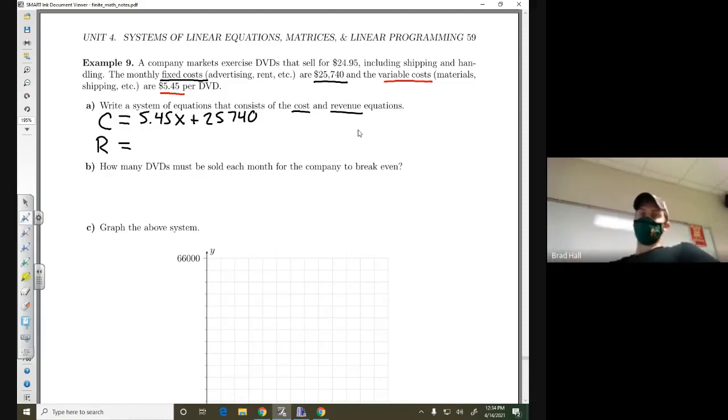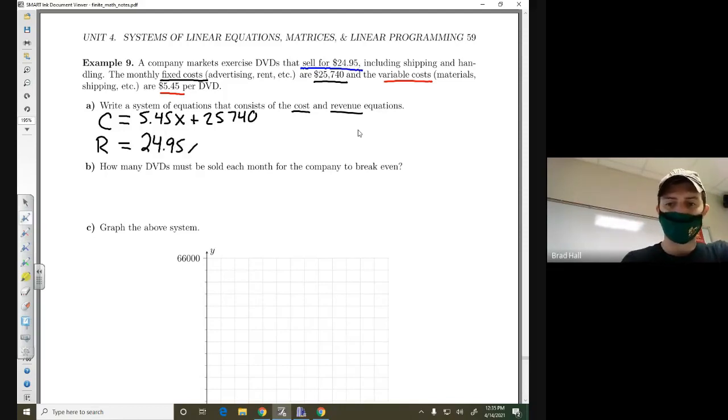And the revenue function, the revenue equation, well, revenue means the money that you earn. So this company earns money whenever they sell DVDs. How much do the DVDs sell for? $24.95. So for each DVD you sell, you get $24.95. So that would be the revenue function.